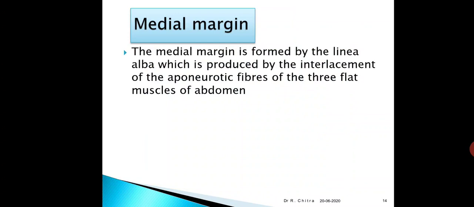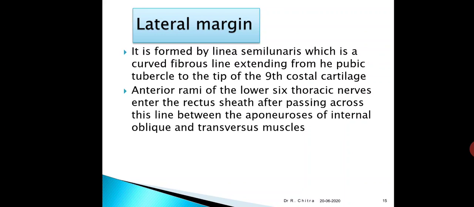If you see from its lower end, it presents two expansions, the suspensory ligament of the penis and the adminiculum linea alba. If the linea alba is asked as a short note, you should add these extensions also. So by the side I have covered the linea alba in a little detail.